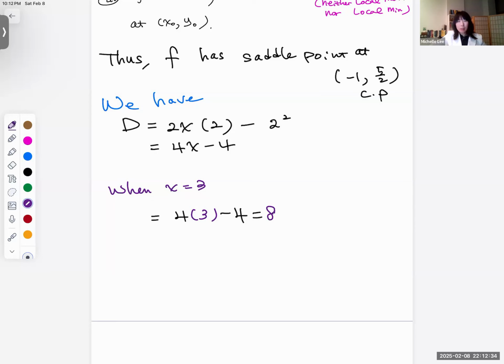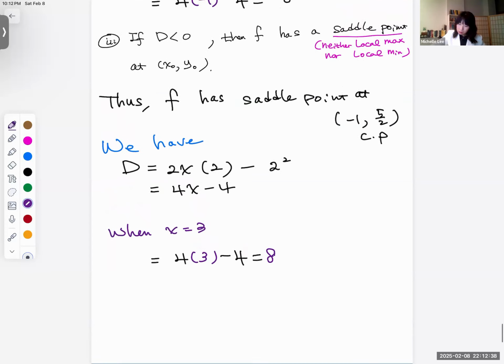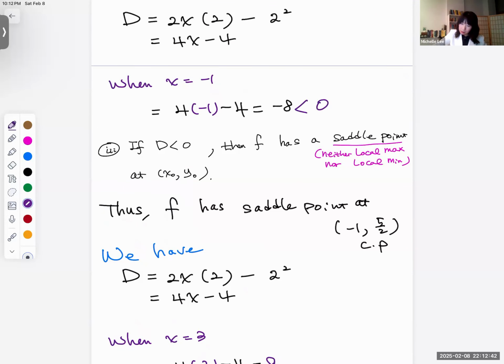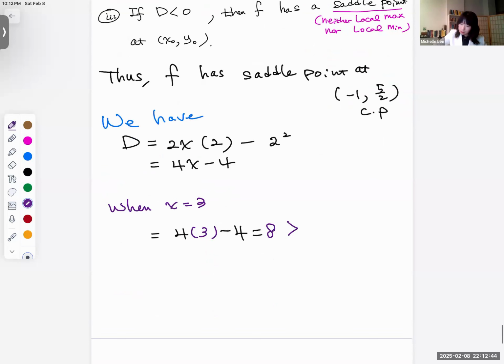Okay, +8, then it's positive, right? So d equal to, let me see. This is less than 0. This is greater than 0. If greater than 0, we have two conditions.